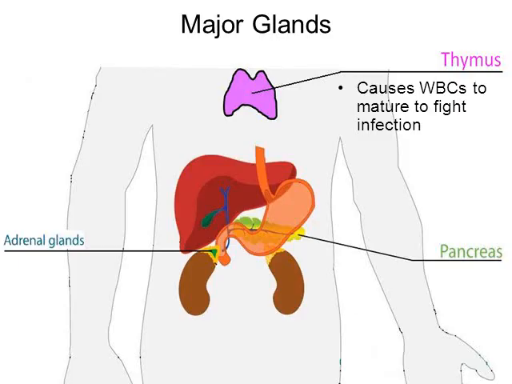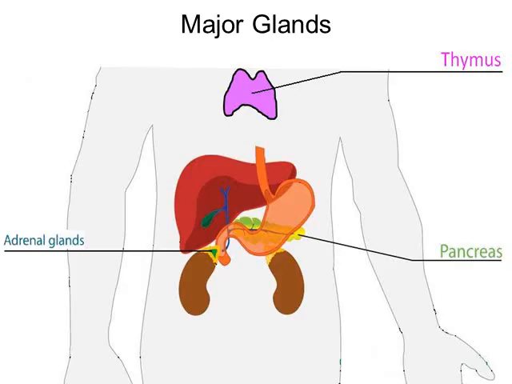So when the thymus releases hormones, those hormones will help white blood cells mature, and white blood cells are an integral part of our immune system. They help to fight off bacteria and viruses and other pathogens that might get us sick. So that's one of the really important jobs of the thymus, to help strengthen basically our immune system. Moving on down next to the pancreas.